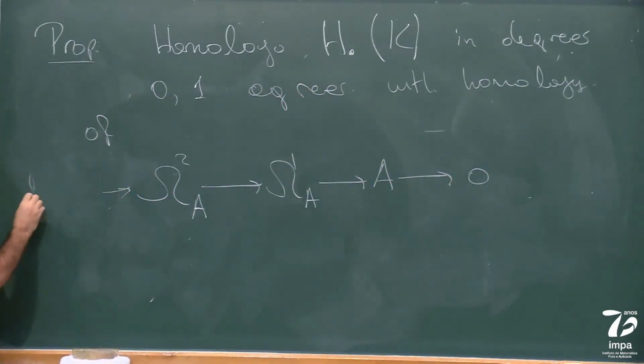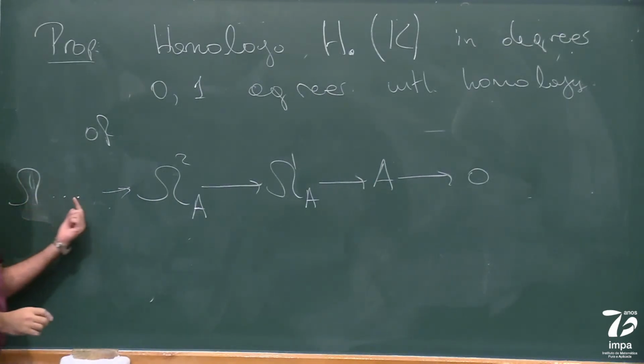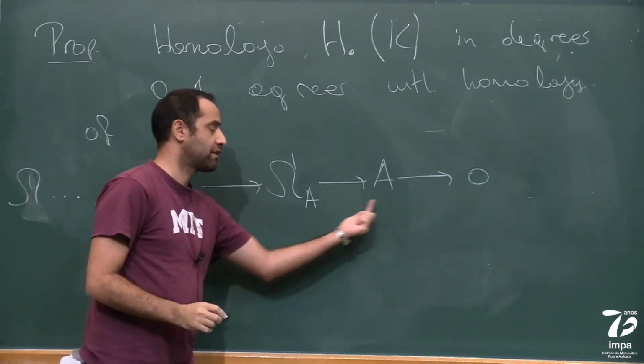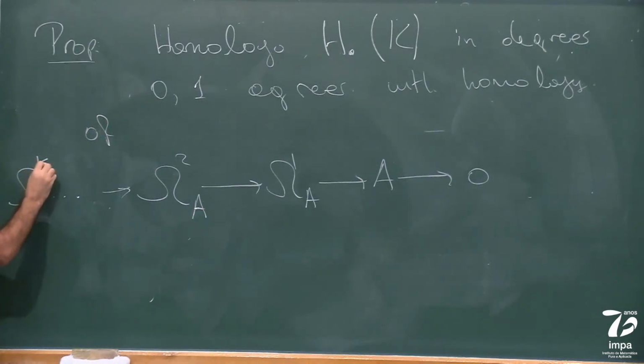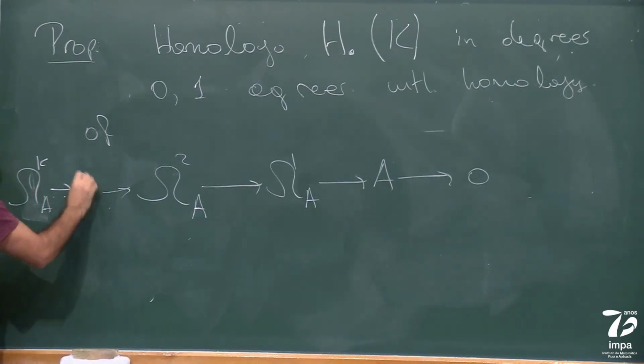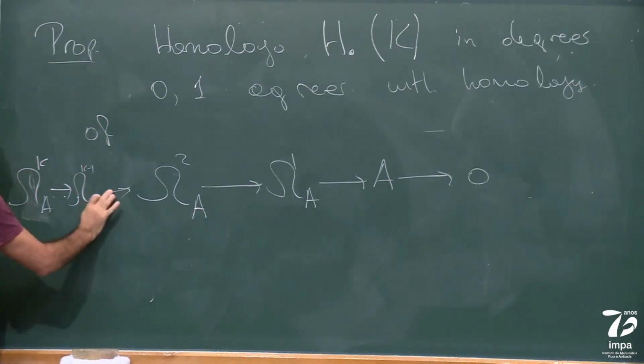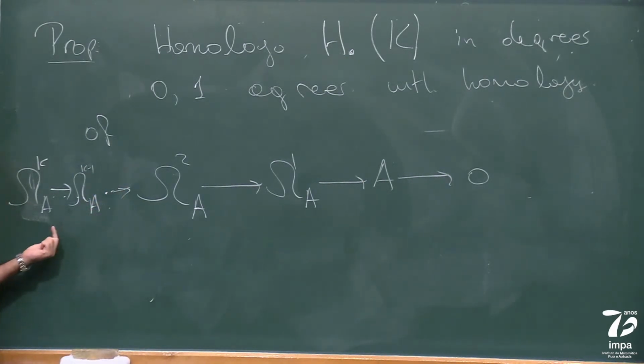This goes forever, but since I'm only claiming this homology for degree 0 and 1, I could stop there. But let's just say from omega k of A to omega k minus 1 of A, you always have a complex. This is called the Koszul complex.